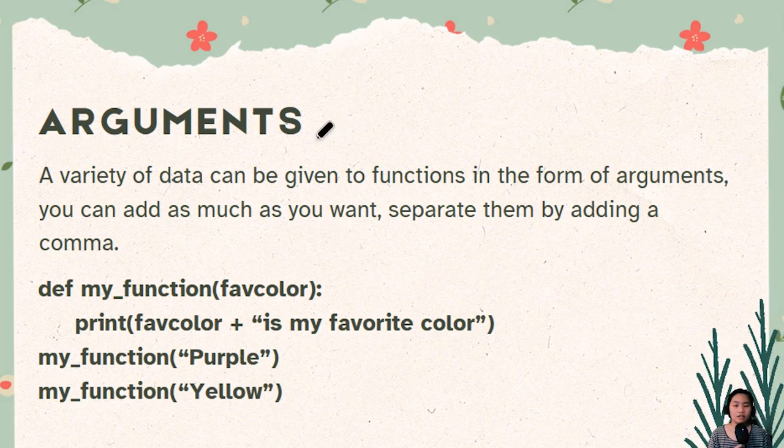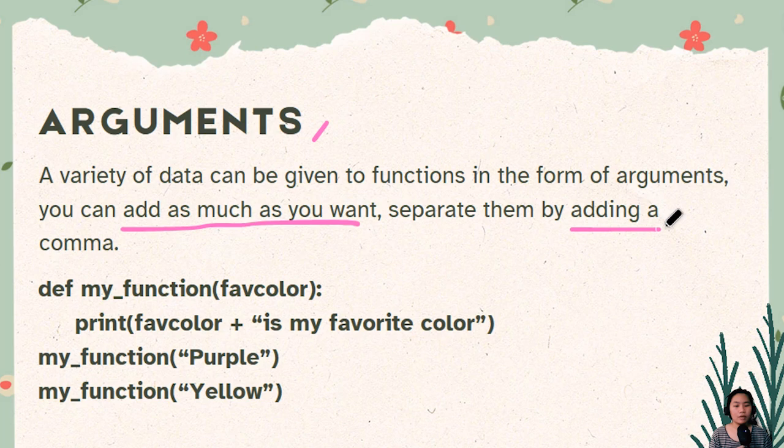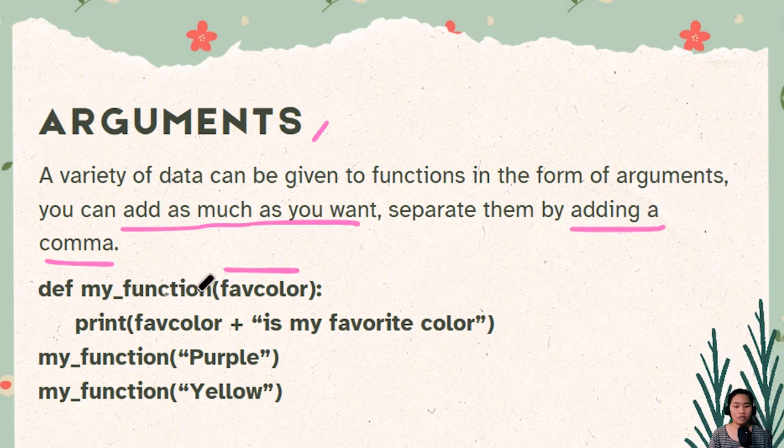Now, let's dive first into arguments. Arguments are a variety of data that can be given to functions. So you can add as many as you want, and you separate them by adding a comma in between each of them. We start with def my_function, and we have our first, we call this parameter or argument, favorite_color. Print favorite_color plus " is my favorite color".